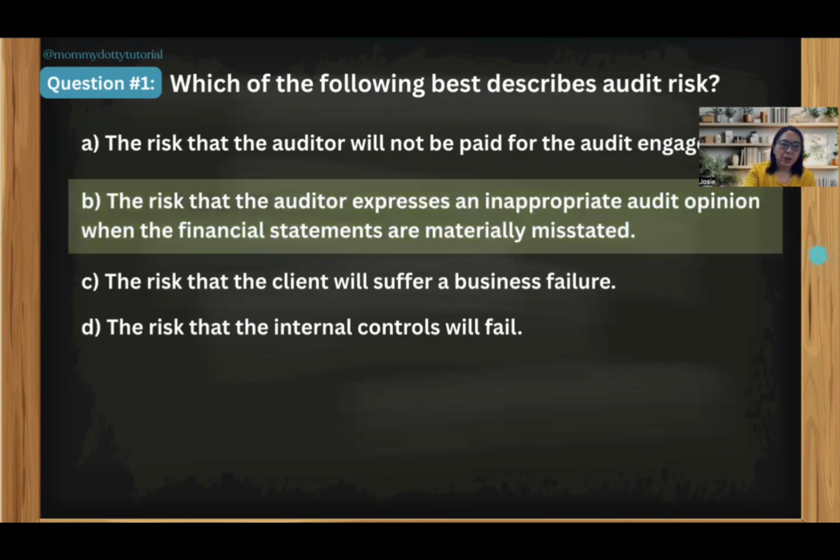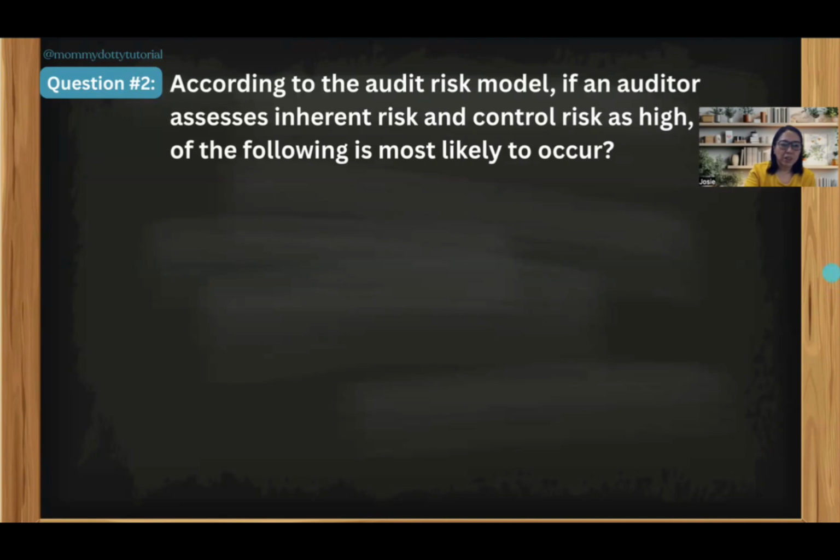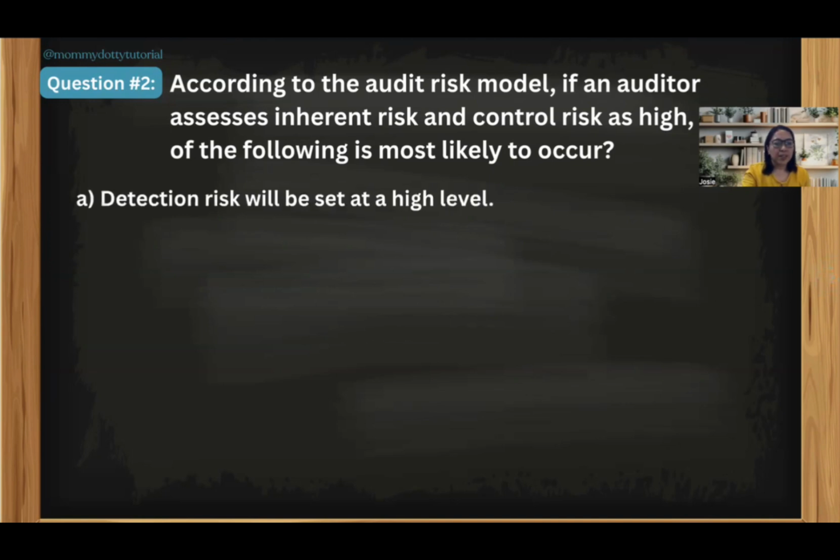Okay, now let's go to question number 2. According to the audit risk model, if an auditor assesses inherent risk and control risk as high, which of the following is most likely to occur? A, detection risk will be set at a high level.